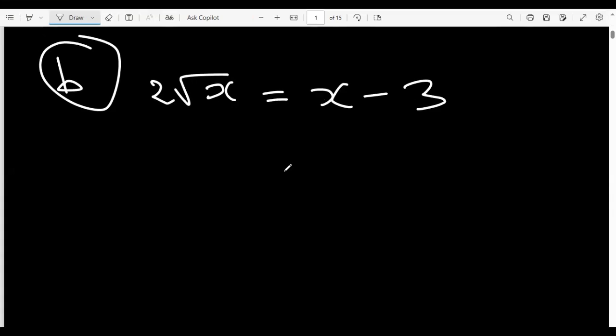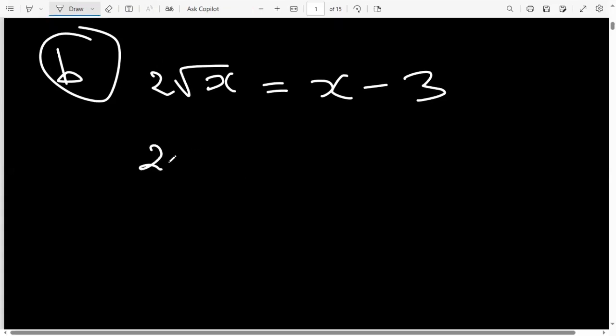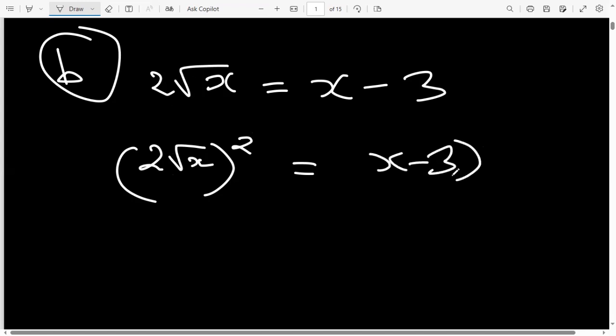The primary goal is the same basic thing that we did on A. We are going to square this side. Here, let me write it down. So 2 root of x, squared, equals, and then this side we are going to square the x minus 3. We are going to square this guy like that.